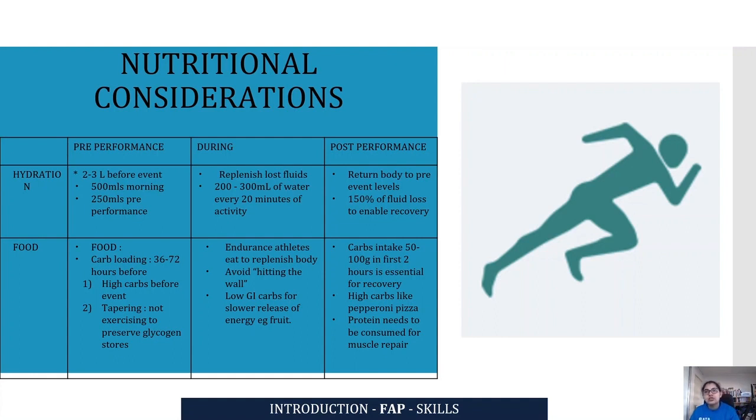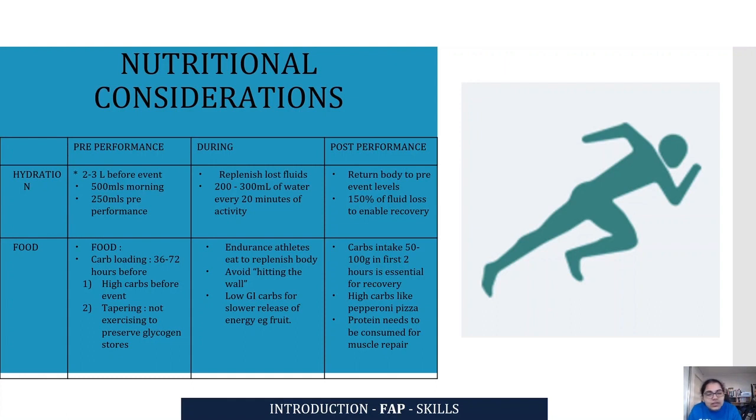Glycogen refers to glucose that is stored in the liver, and glycogen is basically a molecule which has 12 to 14 molecules of glucose attached to it. So when your body runs out of glucose, it breaks down glycogen and then uses that as glucose. Now, in terms of food, endurance athletes have to replenish, right?